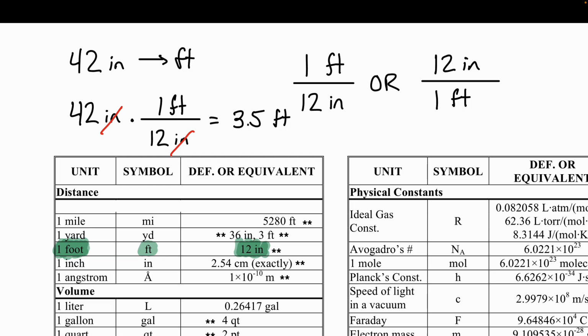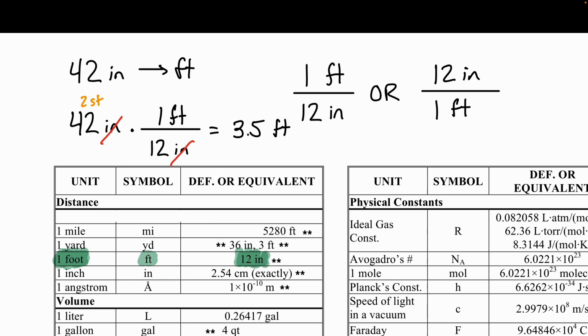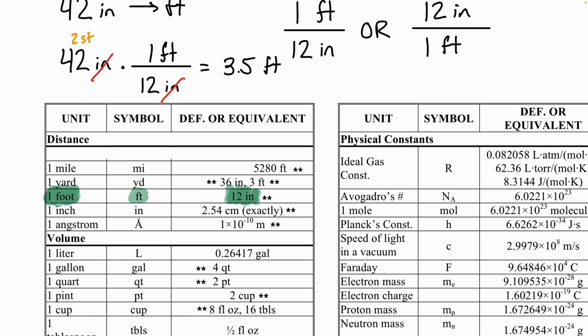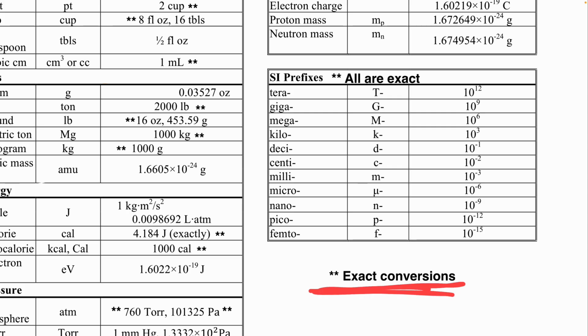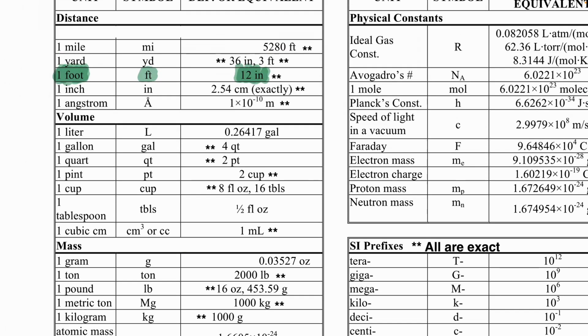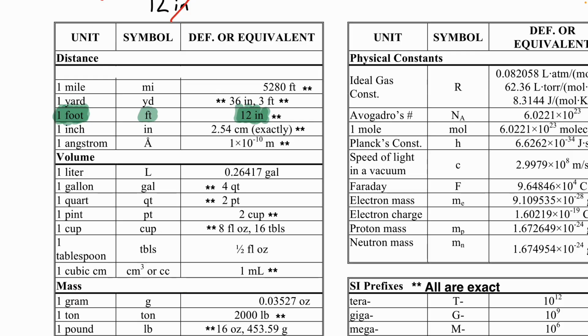Let's do this the long way real quick. This has 2 sig figs, my initial measurement of 42 inches. My conversion factor, though, is exact. Everything on this table here that has these 2 asterisks next to them are an exact conversion. So it's not like sometimes a foot is 11 inches and sometimes it's 13 inches. A foot is defined as exactly 12 inches. Okay?